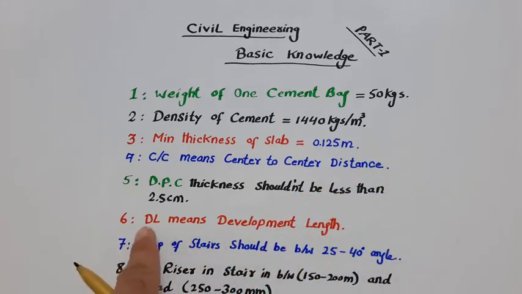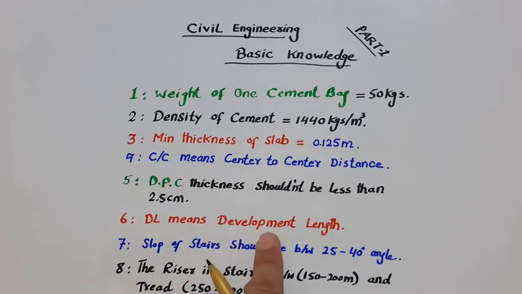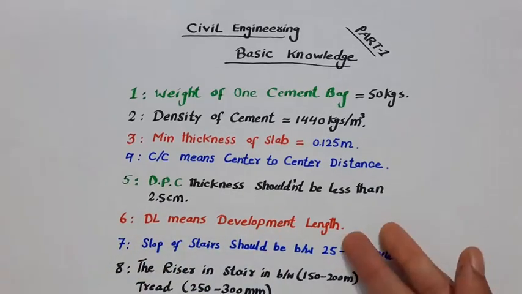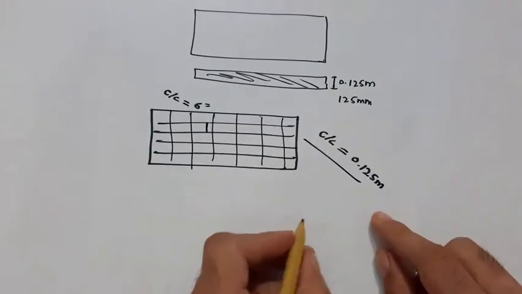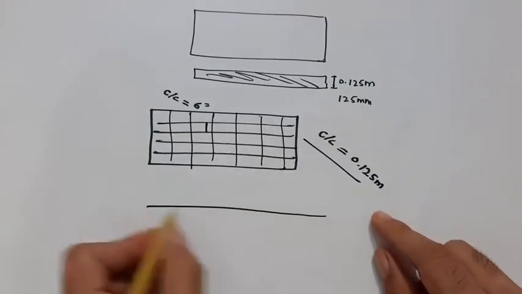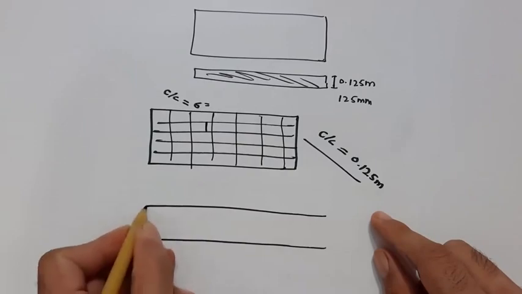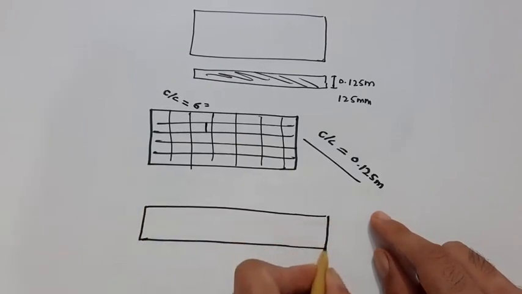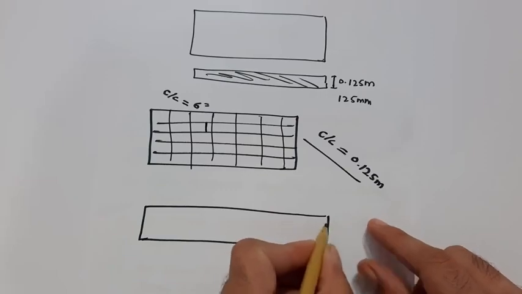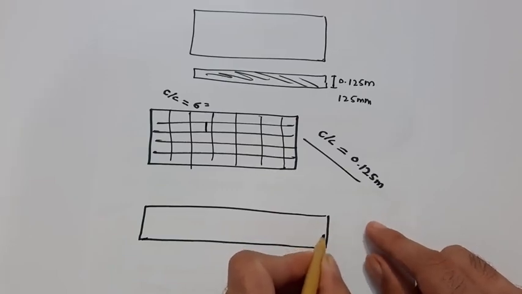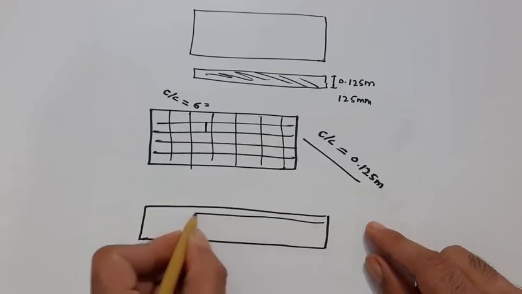The sixth one is, guys, DL means development length. What is development length? Guys, you can see here, this is a beam. Inside this beam I am providing the steel rods, in long section. These are steel rods.